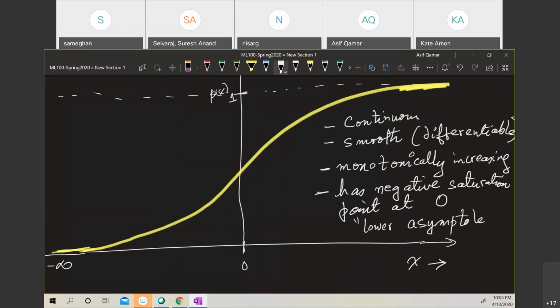Mathematicians use a lovely word, asymptote. You see this, right? As x goes to minus infinity, this probability of x doesn't budge much. It sort of saturates at 0. You see this, guys, in this region, it saturates at 0. So this is a lower asymptote.